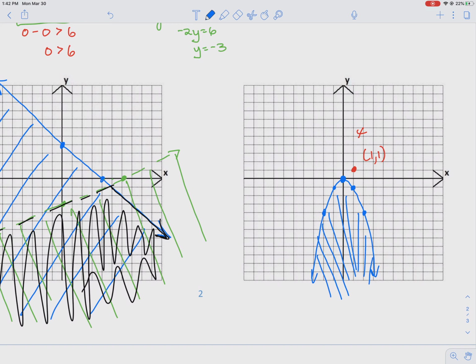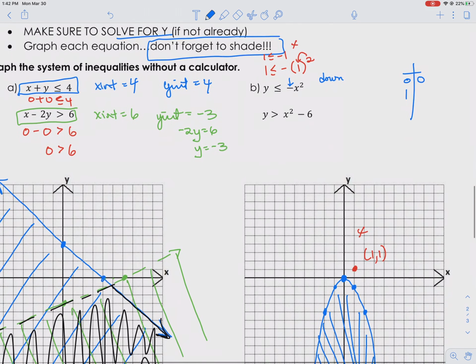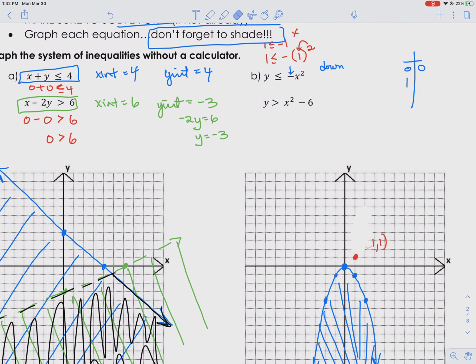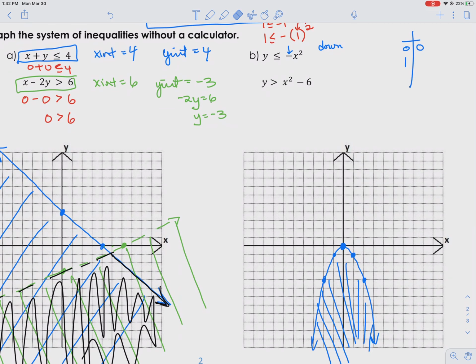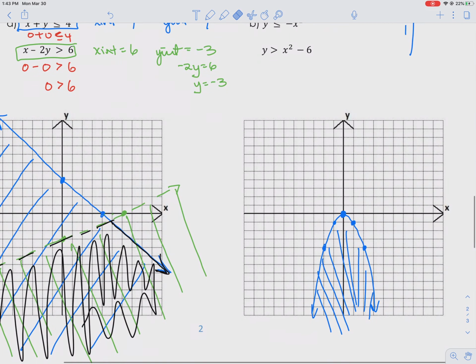And now let's do the second one. Okay, so the second one is x squared minus 6. So that is the parent function, and it's moved down 6 places, right? So let's do that one. I'll do that one in green as well. So I'm going to go down 1, 2, 3, 4, 5, 6, and it's going up.